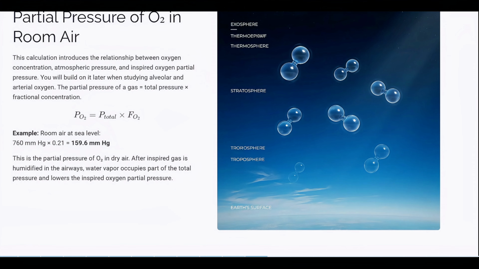Okay, now for some terminology, because this one can get a little tricky sometimes. You're going to see oxygen pressure described in three different places with three different labels. So you have PiO2, and the I is for inspired, the gas being breathed in.